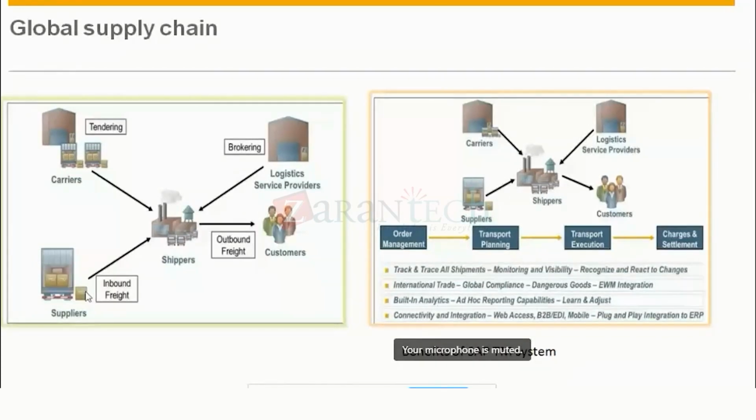For example, why is the supplier important? Because the supplier is my vendor location. Whenever any movement of cargo happens from the vendor location to my receiving plant, you can use transportation management. That is also called inbound freight. Similarly, whenever you are transporting any commodity or goods from my shipping point to my customer location, it is called outbound freight, or rather an outbound scenario.